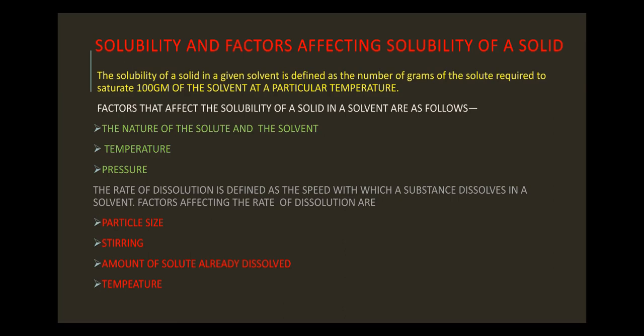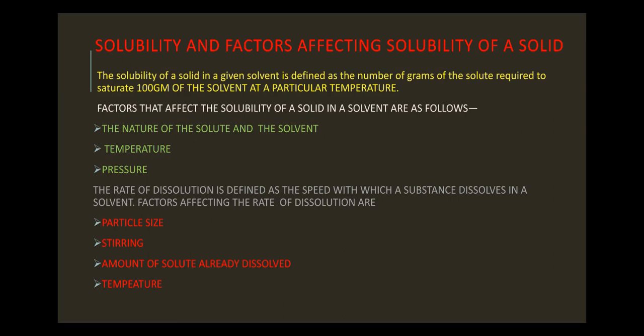Obviously, particle size will affect dissolution. Finer particles dissolve faster, and if the particles are coarse and big in size, then they will dissolve a little more slowly. Then stirring also causes a solute to dissolve faster in a solvent.